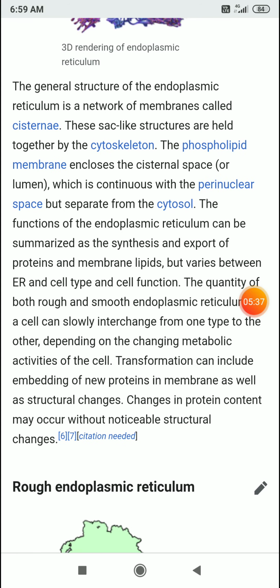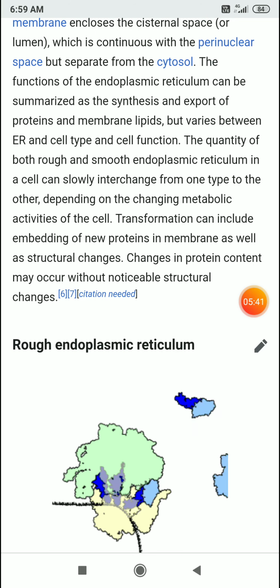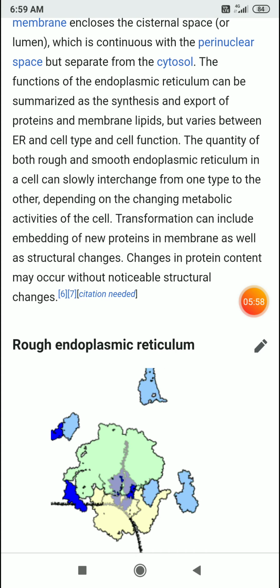Transformation can include embedding of new proteins in the membrane as well as structural changes. Changes in protein content may occur without noticeable structural changes in the rough endoplasmic reticulum.